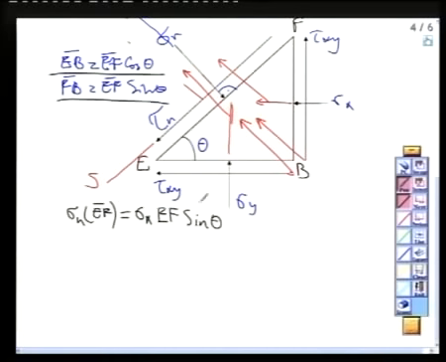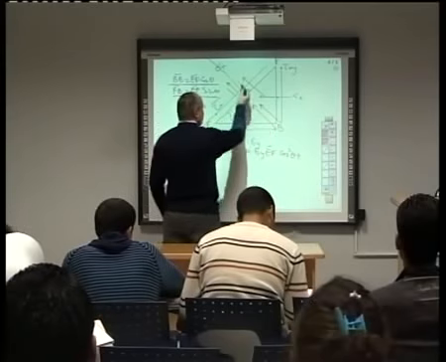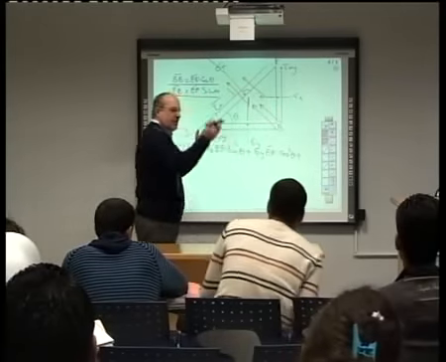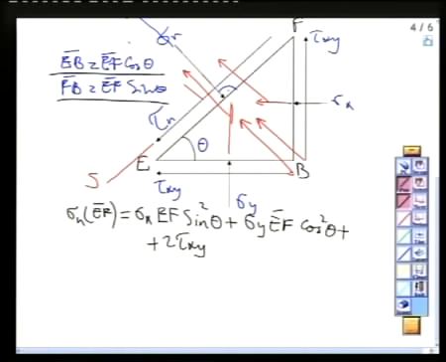Plus, you see, this will move this way and this will move this way. They are in the same direction, so I can write plus 2 tau xy times EB, which is EF sine theta, times EF cosine theta. So it will be EF sine theta cosine theta.